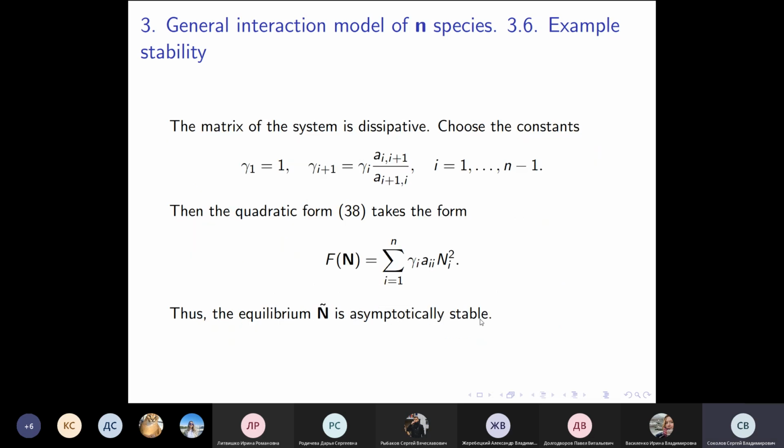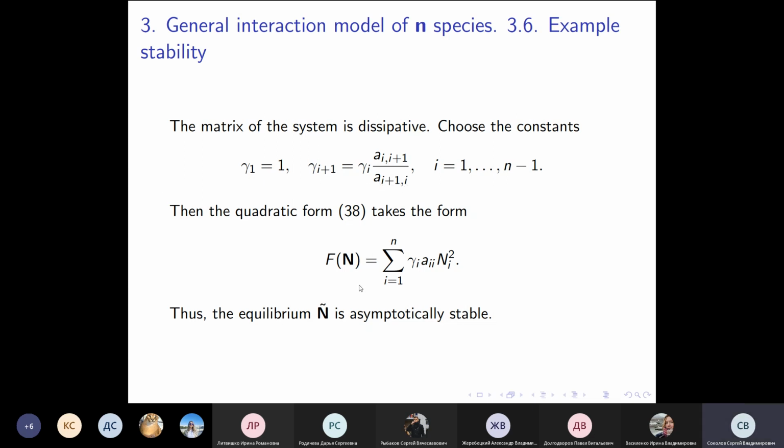If we calculate the matrix of the system, we can choose gamma 1 equal to 1, and gamma i plus 1 is gamma i multiplied by A(i, i plus 1) divided by A(i plus 1, i).